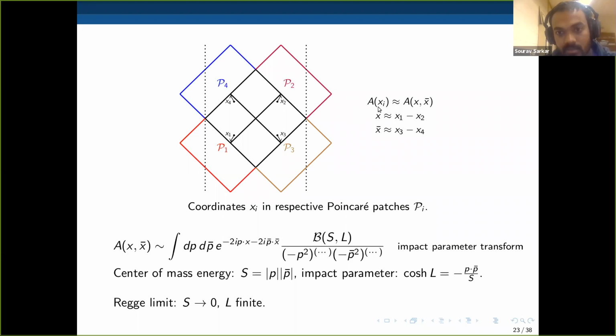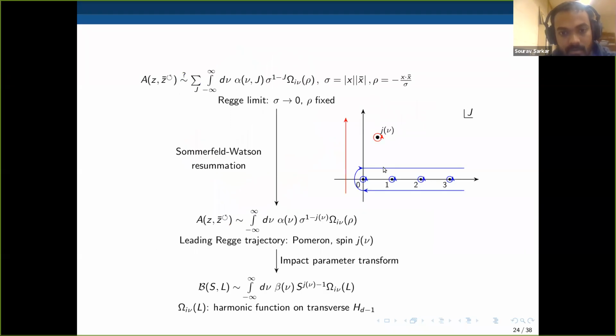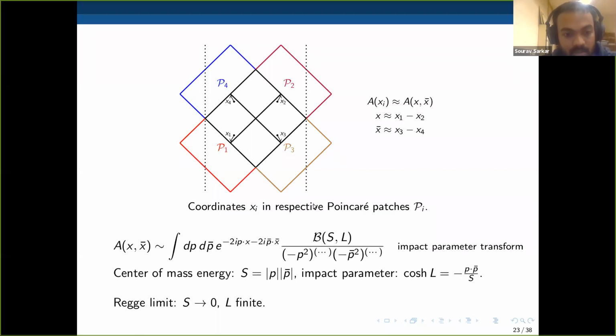And in this limit, it has been shown that the correlator depends only on the difference between x1 and x2, and the difference between x3 and x4. Once we have that, we now want to do this Fourier transform, and that takes us to the impact parameter representation of this CFT correlator.